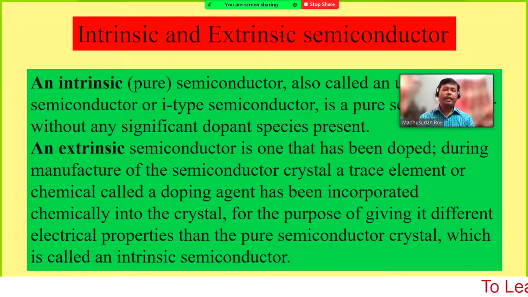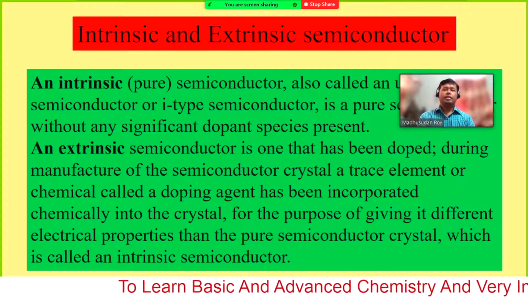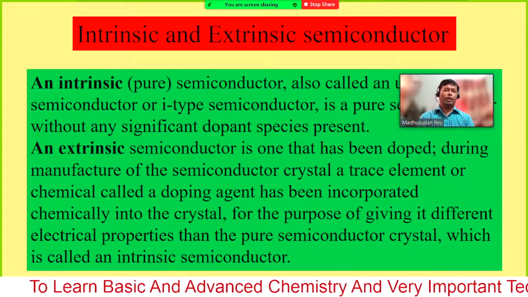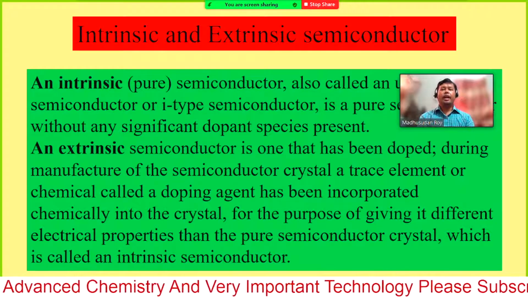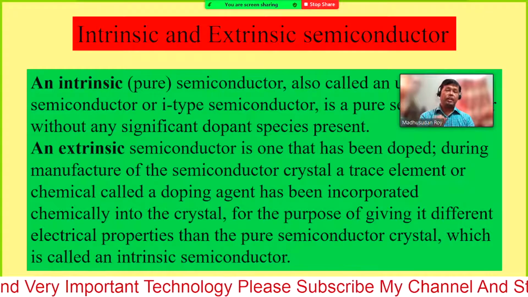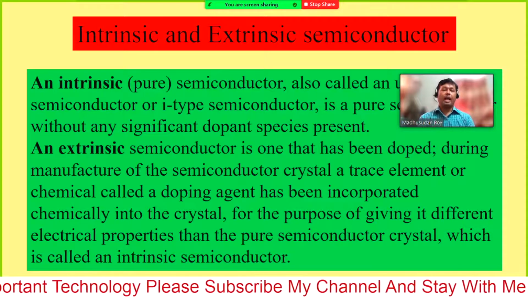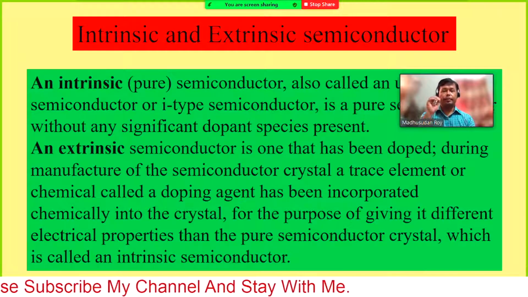So any material which is doped or added to the semiconductor, that is known as an extrinsic semiconductor. The extrinsic semiconductor can have very high conductivity. Sometimes it is comparable to metal. Some metals have very low conductivity.